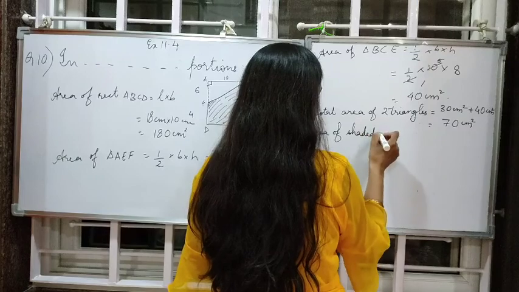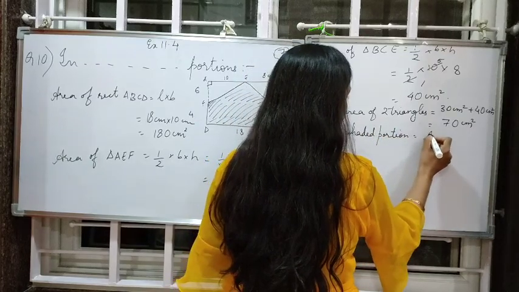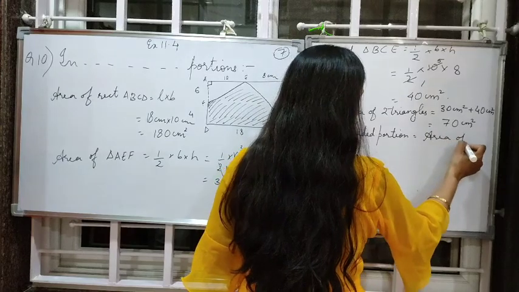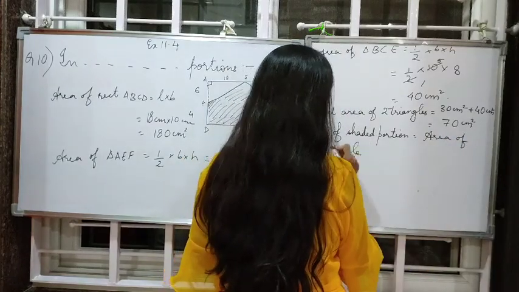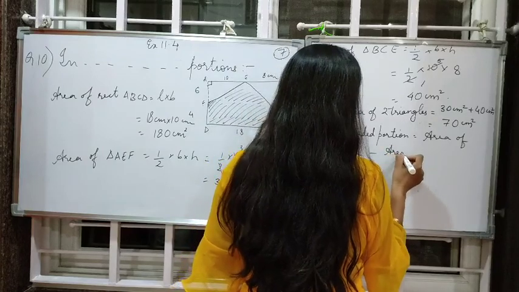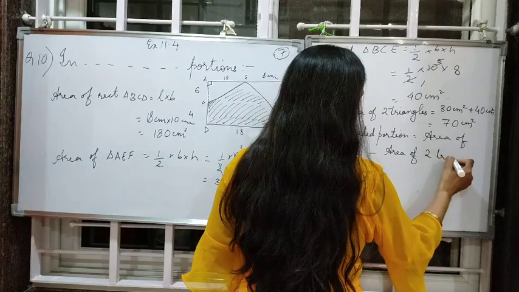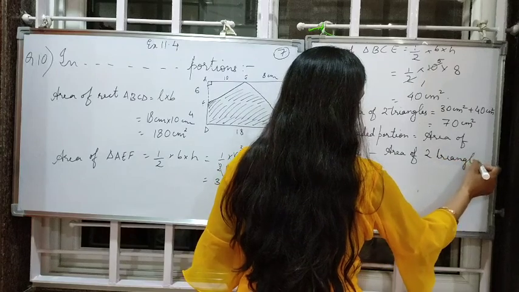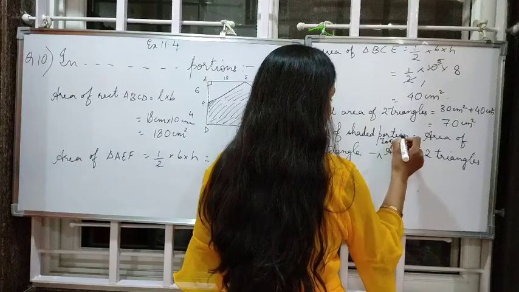Area of shaded portion is equal to area of rectangle minus area of two triangles. Children, if you want, you can write here total also. Total area of two triangles.